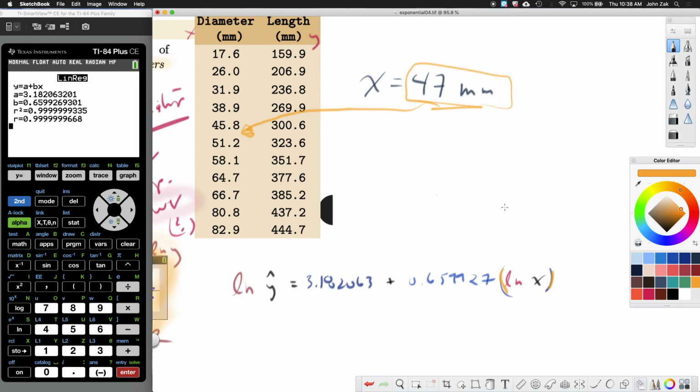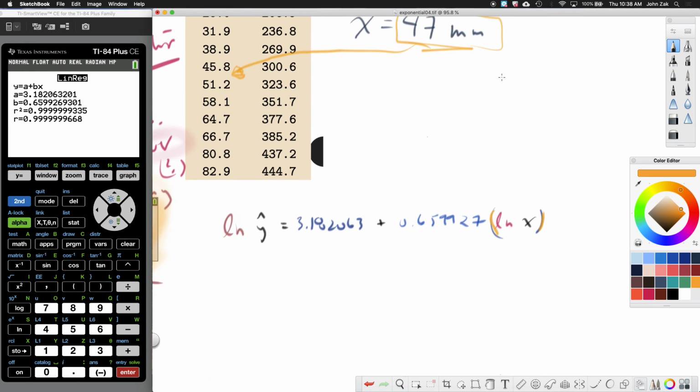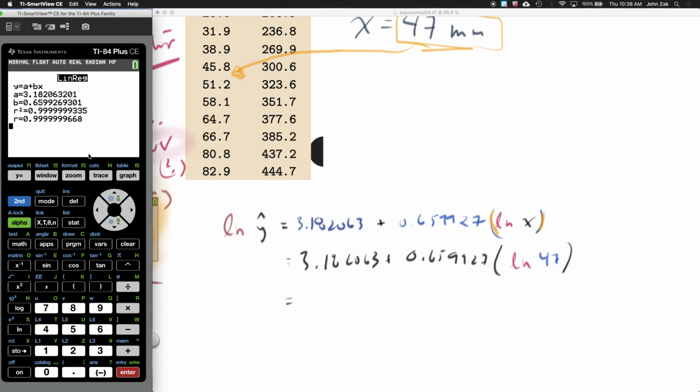So if I want to use this equation to make a prediction here, I'll plug in 47 for X. I'll have everything else written here: 3.182063 plus 0.659927 times the natural log of this number 47. And that's what I'll actually plug in. So let me go to my calculator. This is going to be annoying to type in.